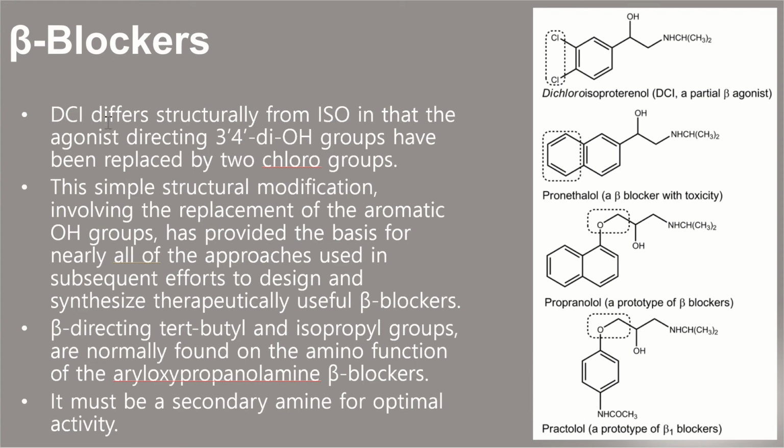All right, so DCI differs structurally from isoproterenol in that the agonist-directing 3,4 dihydroxyl groups have been replaced by 2 chloro groups. For isoproterenol, where the chlorine is, it was OH, and of course that would be a catechol unit. Hopefully that rings a bell as well.